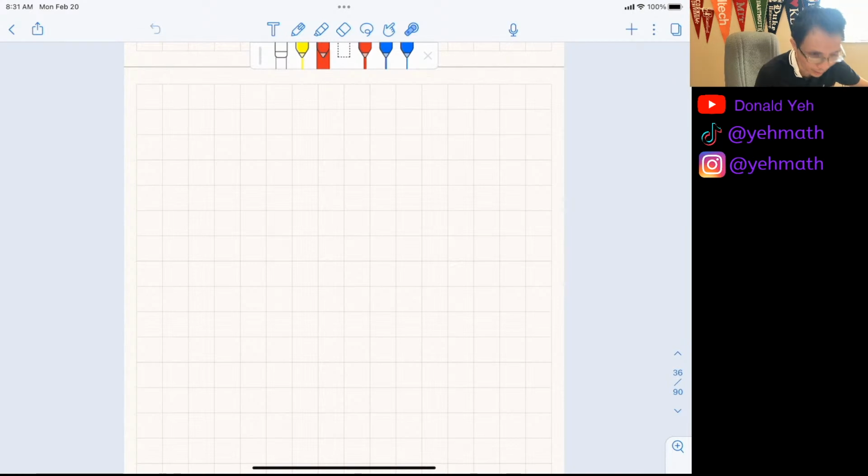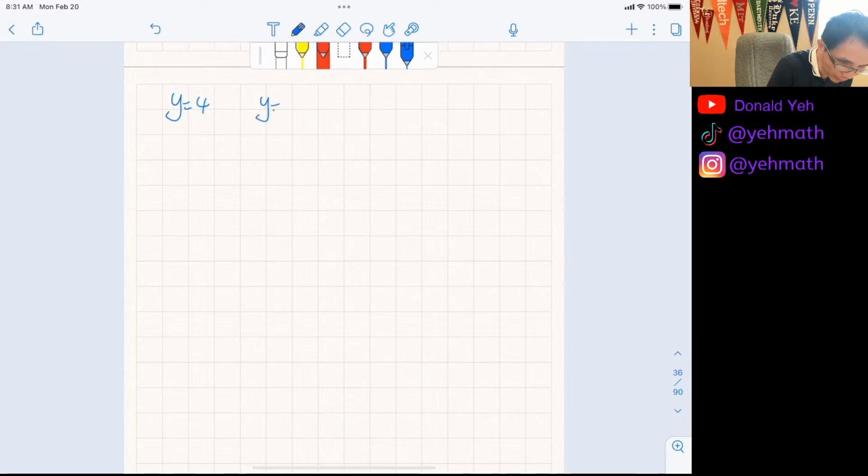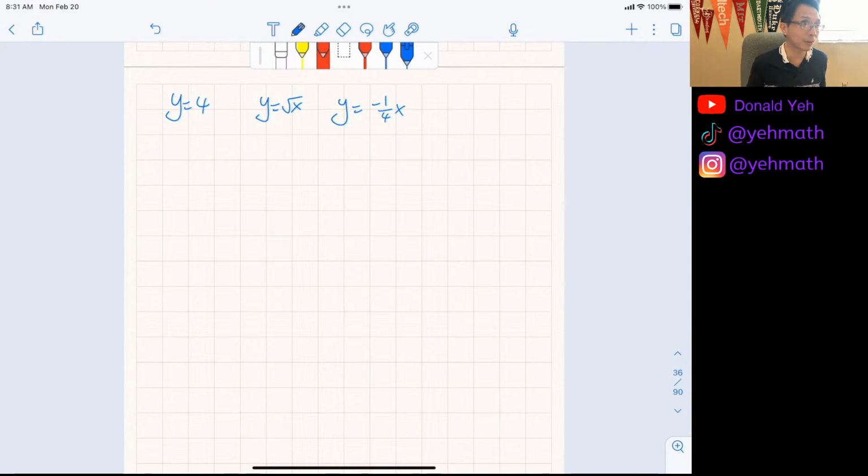So this question says, remember last week you guys had a homework question about this one. So we're gonna revisit this question. It says y is equal to square root x, and y is equal to negative 1/4 x, and they say find the area bounded. There was a reason why we revisit this question.